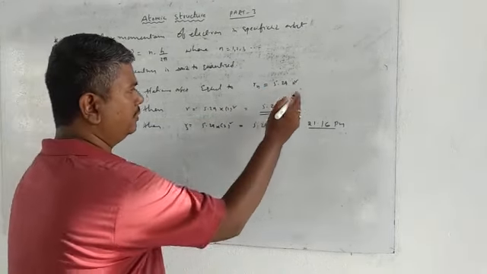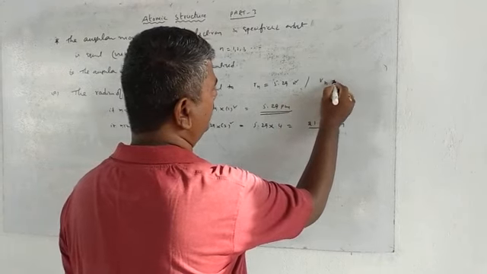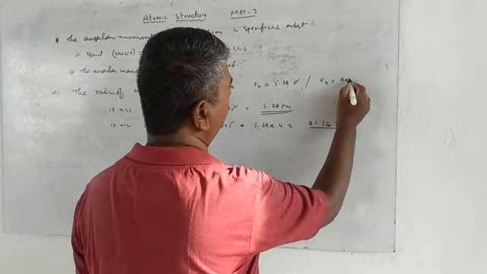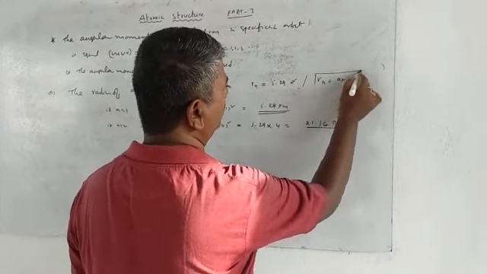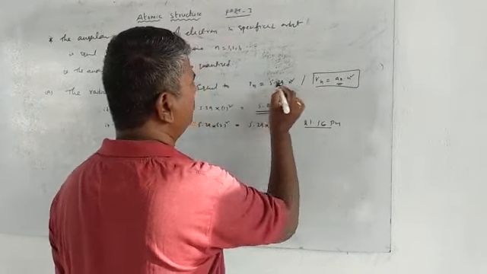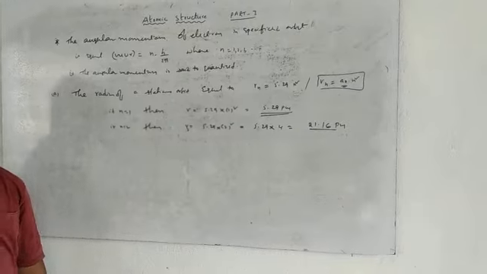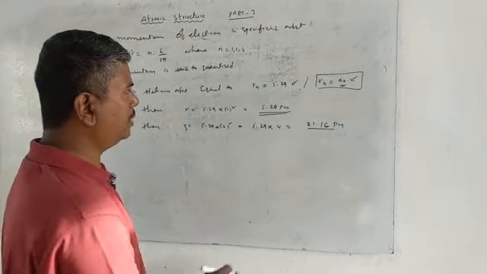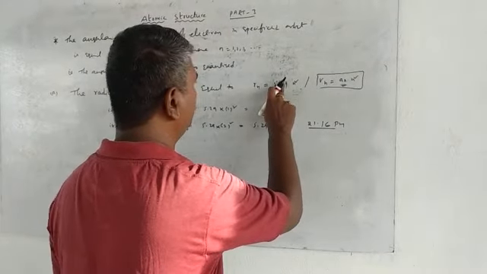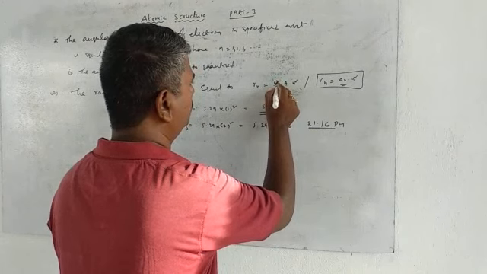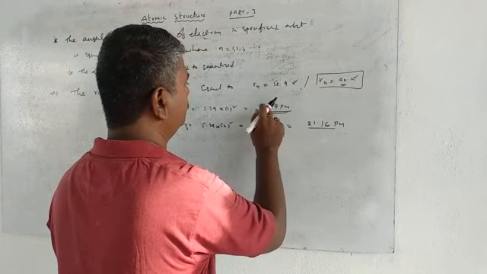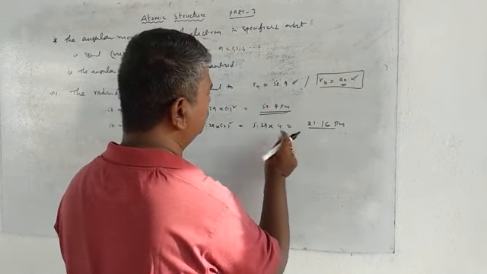Generally, in our textbook it is given as Rn equal to A0 into n square. Here the A0 value is nothing but 5.29 picometers. 5.29 or 52.9? 52.9. Let's check it. 52.9.